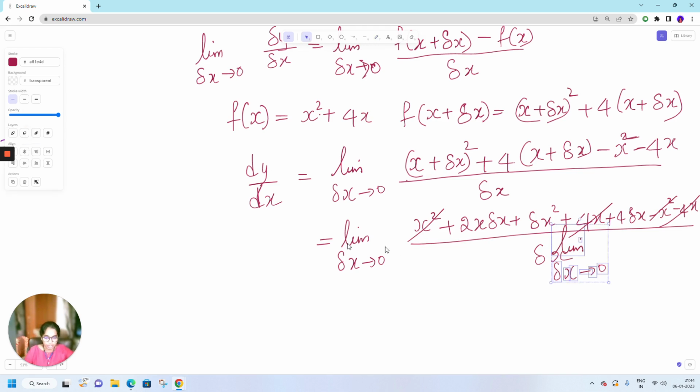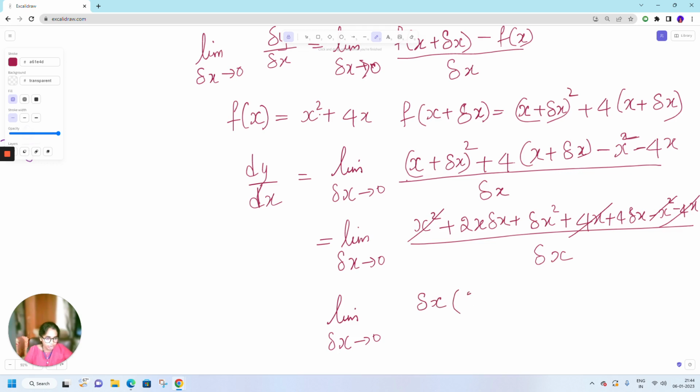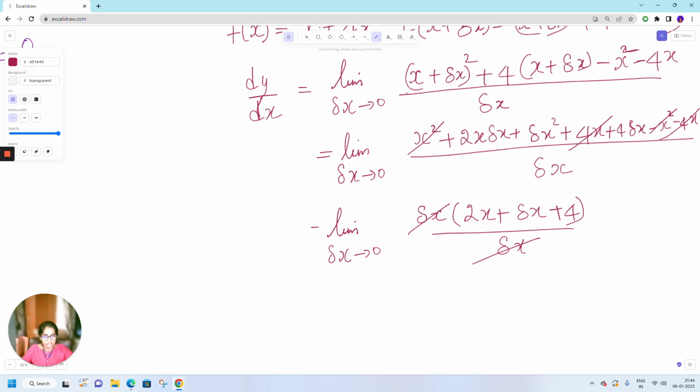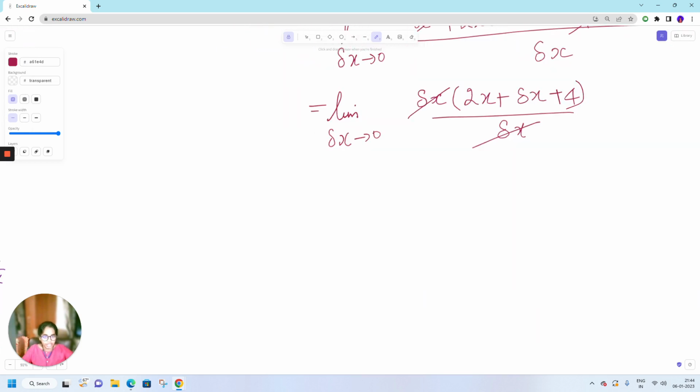As you can observe, you can take del x in the numerator common. Agree? So I would get del x common into 2x plus del x plus 4 whole thing divided by del x. So we are free from del x in the denominator. We wouldn't get any indeterminate form. Now if I apply the limit, I would get 2x plus 4.